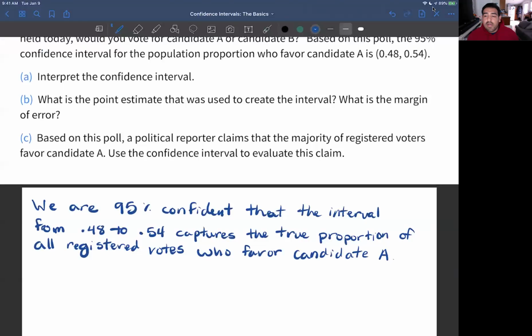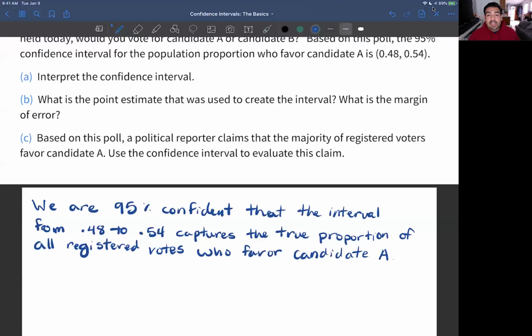Part B says, what is the point estimate that was used to create the interval? What is the margin of error? Now remember, the point estimate is always in the center of our interval. So how could we figure out what the margin of error is? How could we figure out what the point estimate is?